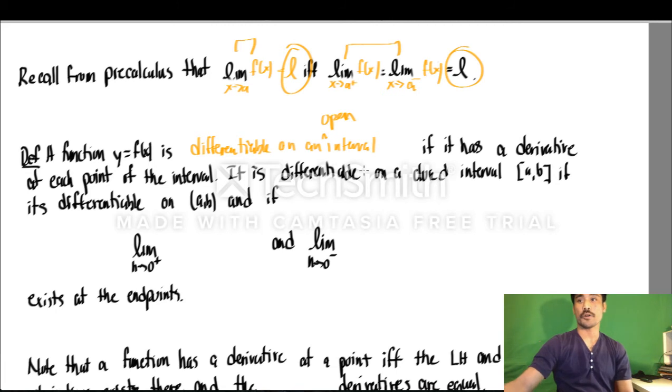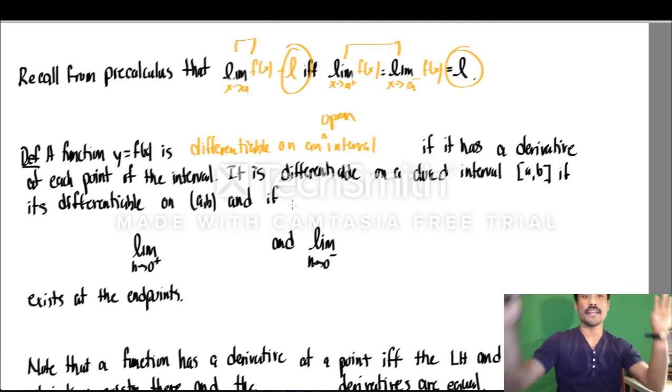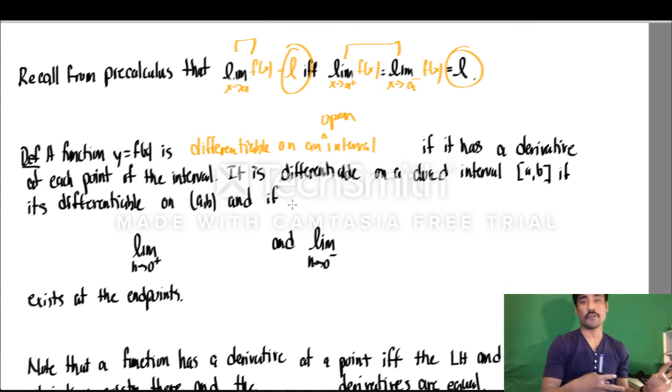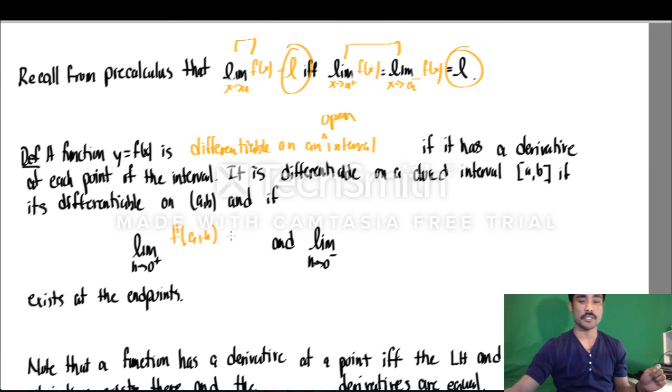And it's differentiable on a closed interval if it's differentiable on the open interval and the derivative exists at the endpoints, the left endpoint and the right endpoint. Let me represent that as the limit of f of a plus h minus f of a all over h as h approaches 0 from the right side, and the limit as h approaches 0 from the left side of f of b plus h minus f of b all over h.